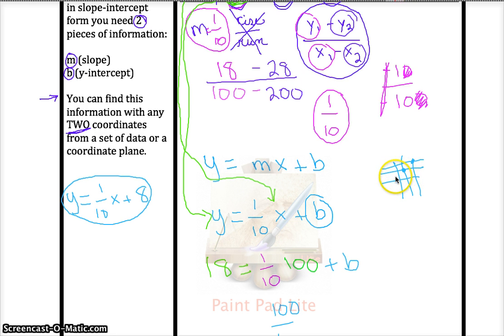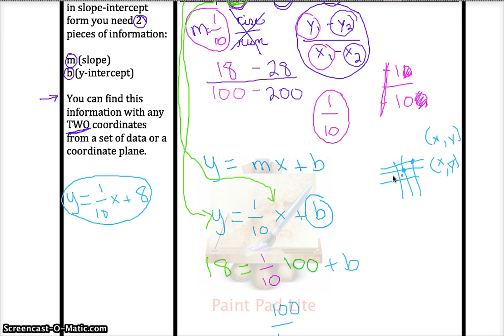It can't be a point that's like in the middle of a square. It has to be a perfect intersection. So that way you can figure out the coordinates. So you'll get a coordinate like this and a coordinate like this. You'll get two coordinates with an x and a y.